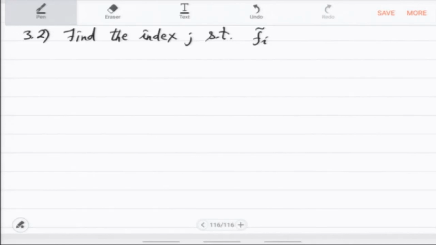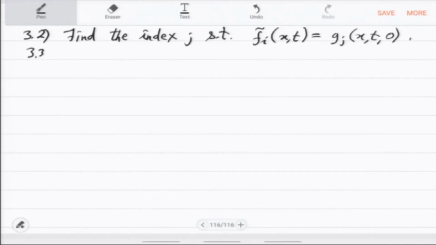So Fi tilde(x, t) should be equal to Gj(x, t0).